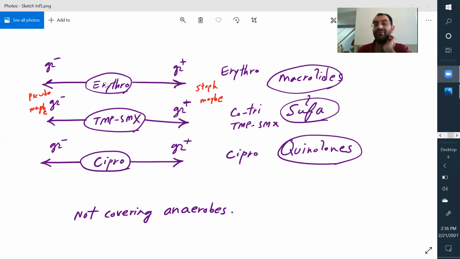We picked erythro as a prototype of a macrolide, TMP-SMX as a prototype of a sulfa drug, and cipro as a prototype of quinolones.